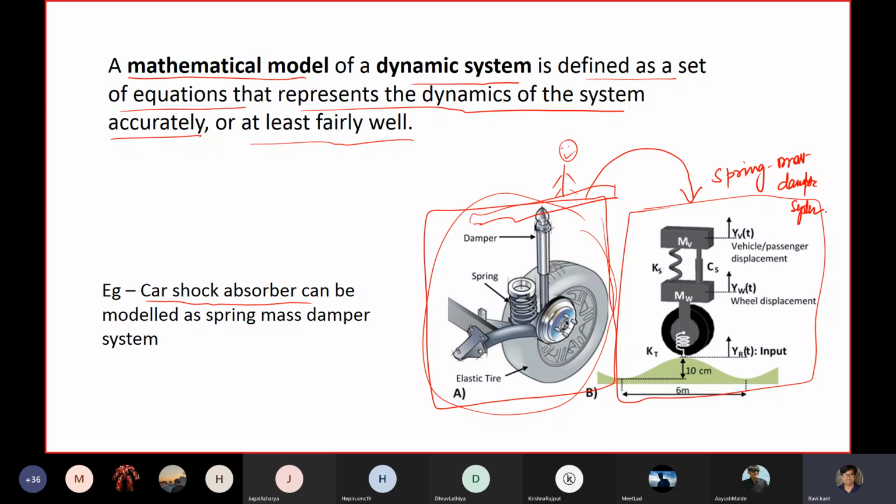Okay, it can closely mimic the behavior that your real shock absorber will show you. You can fairly approximate it by a generic spring mass damper system representation.